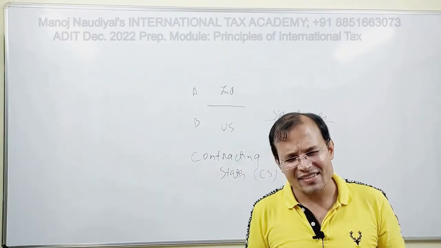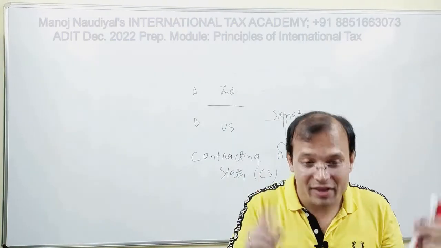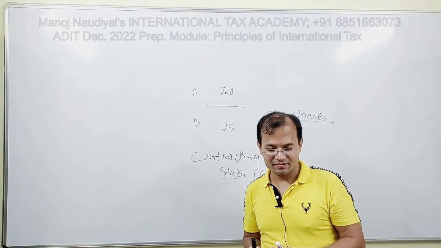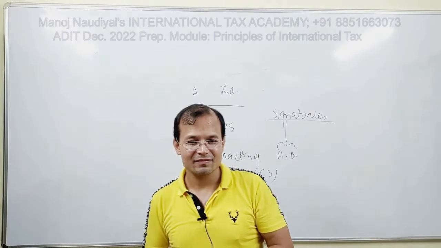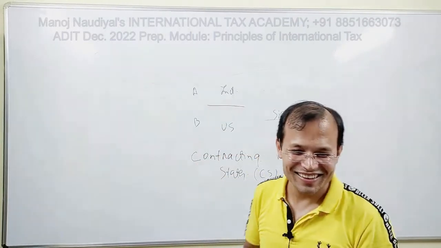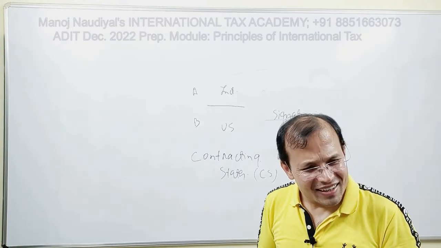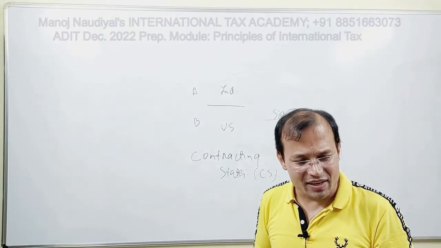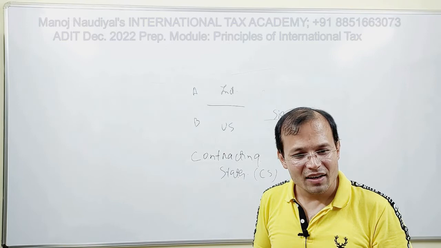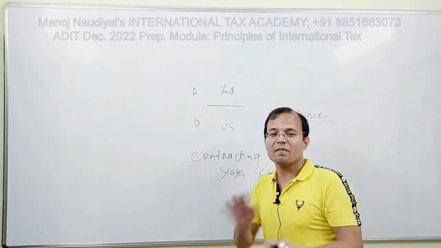Any guess? Total number of tax treaties in the world? 95 to 100. Okay. Please switch off your mics.